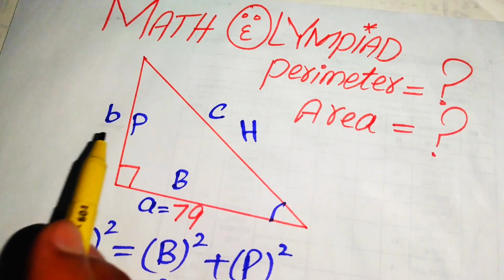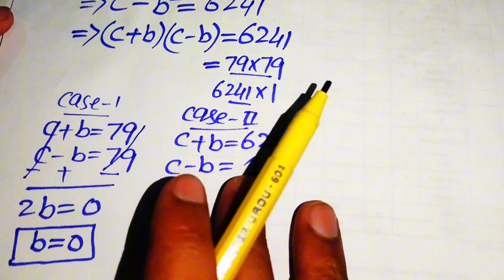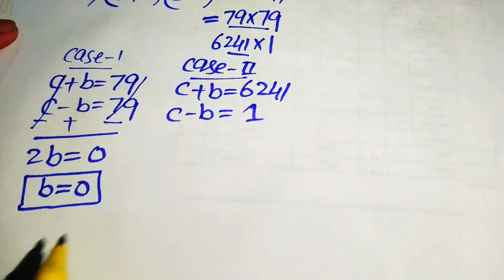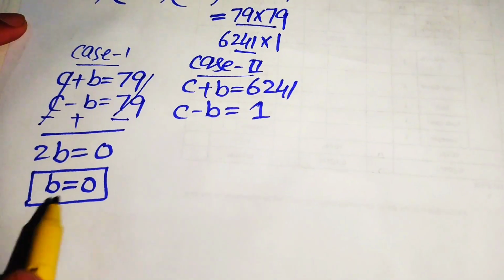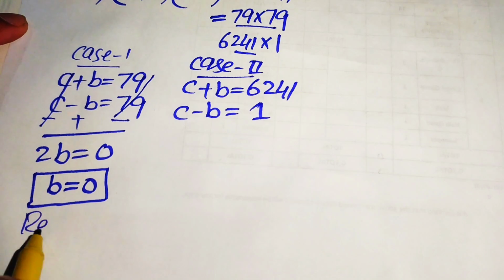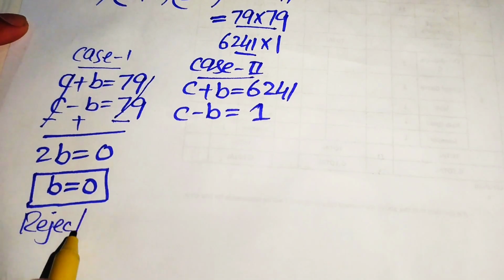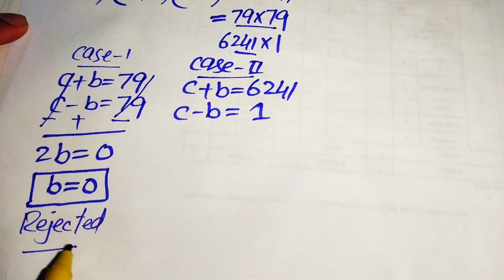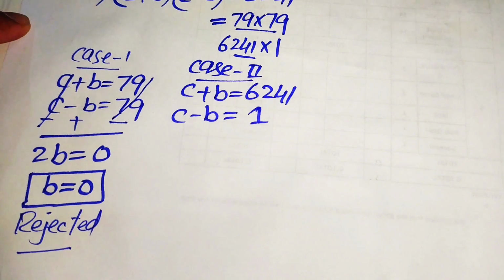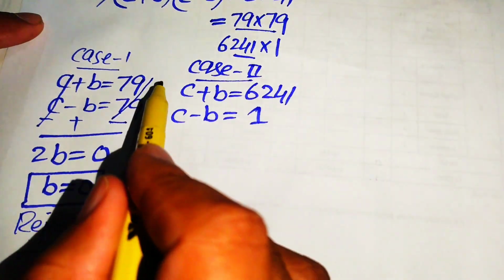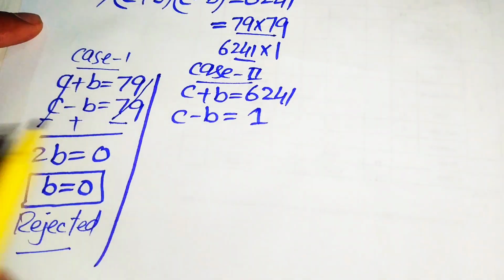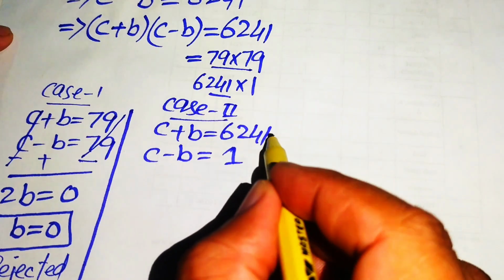It means that the perpendicular side is 0. It is not possible in a right triangle to have a side of length 0, so we reject this case, and we proceed with case 2 only.